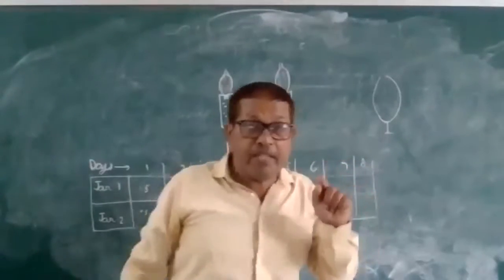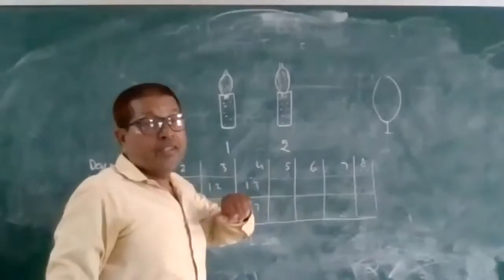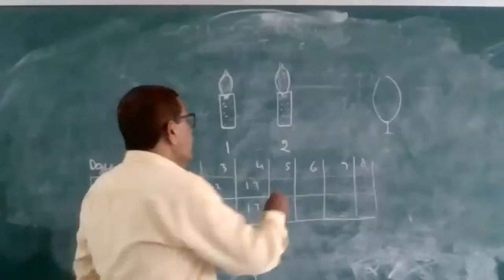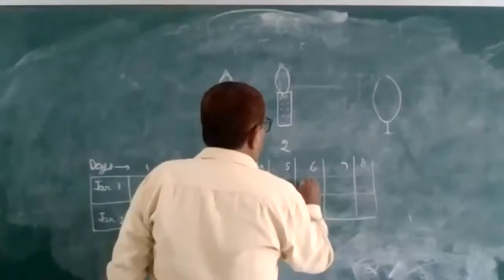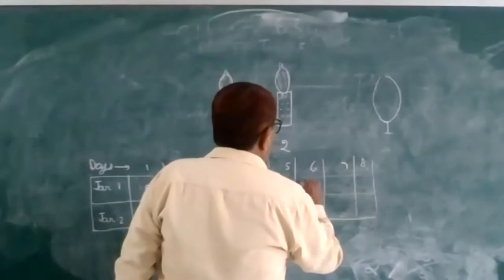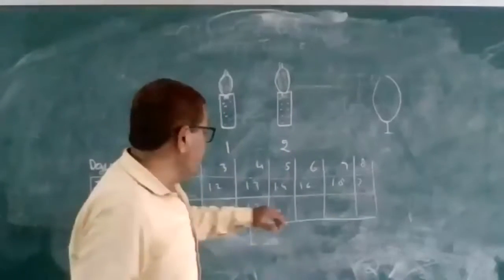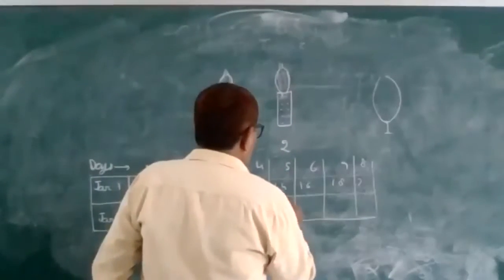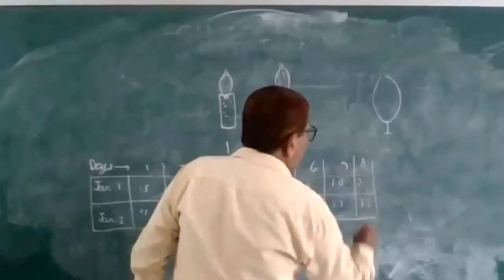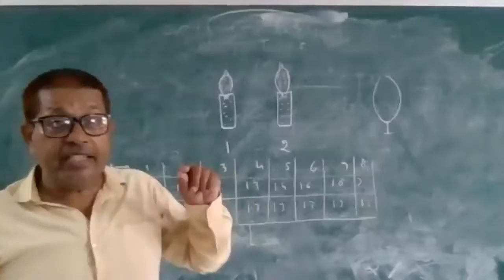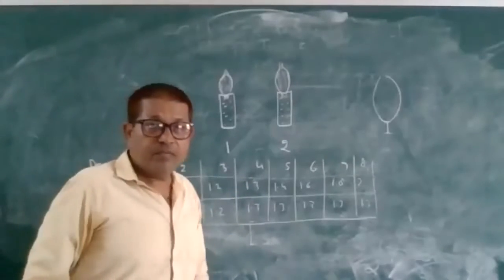The root apex is removed. Understand? Now again you measure the length. So you will find that the length in jar A will increase: 0.4, 0.6, 1.6, 1.8, 2, and so on. But in this case, the length of the root will remain the same. There is no increase in the length of the root in jar B.